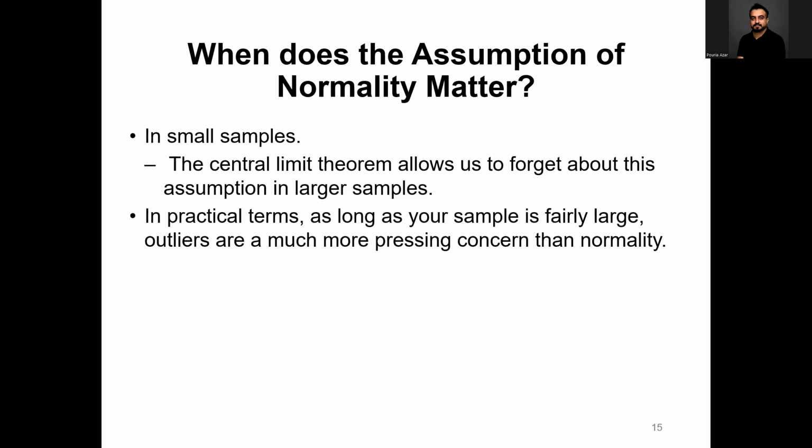In small samples, this is also a very important point. As long as our sample size is large, remember there is no exact number of observations I have to have in my data set, but if it is fairly large, say 300 people, or 100 people, or in some cases 1,000 people, I would assume that the normality assumption is met.